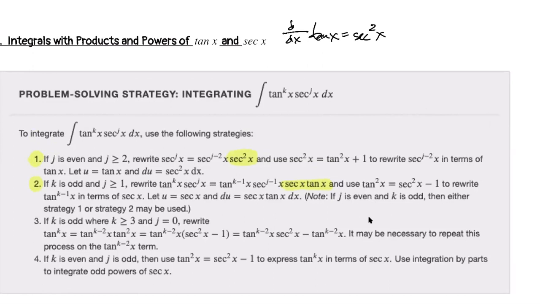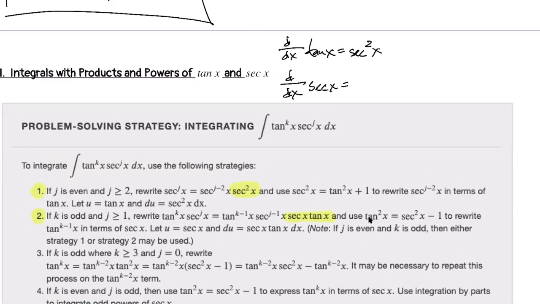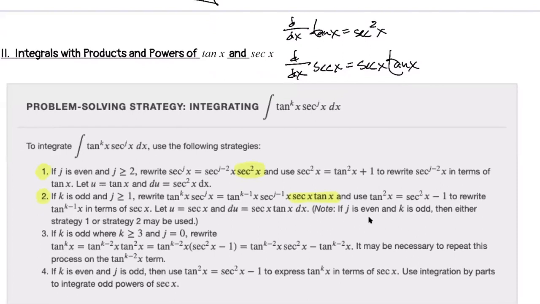But I'd also like us to write down the derivative of secant. It's one of those that we're like, I never really see those in a problem, so I don't need to know those. But the derivative of secant is secant tangent. That's why in that second rule, we're looking to produce a secant tangent at the end, because both of those are going to help us with the u substitution.